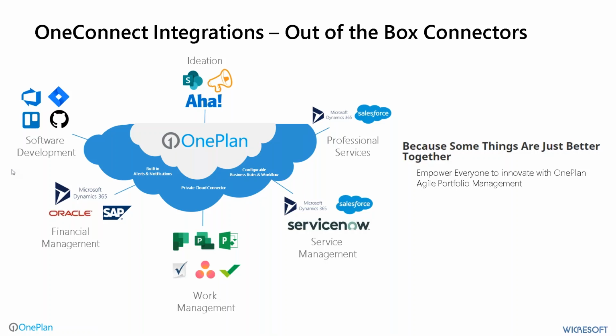So OneConnect basically has a number of out-of-the-box connectors that, depending again on your workload and the API that's available, will allow that data and really transformation also if needed to integrate all of that into the OnePlan for Agile Portfolio Management. So we list here just some of the connectors that are available.